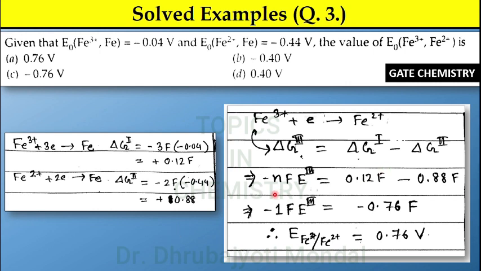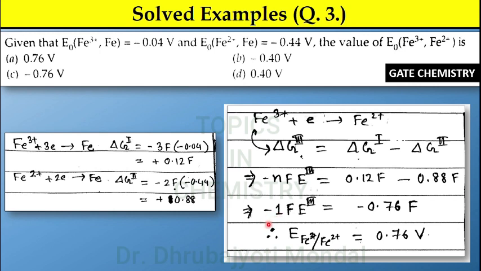So you can get minus nFE3, that is the electrode potential for that reaction. So minus nFE3 is equal to delta G1, 0.12 F, minus 0.88 F. That is equal to minus 0.76 F. Therefore, you can see the value of n for that reaction is equal to 1.